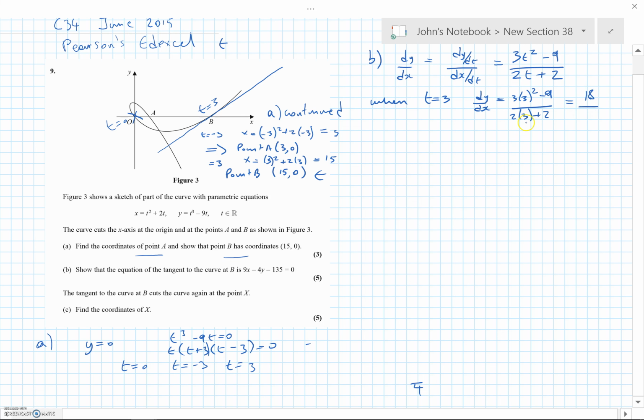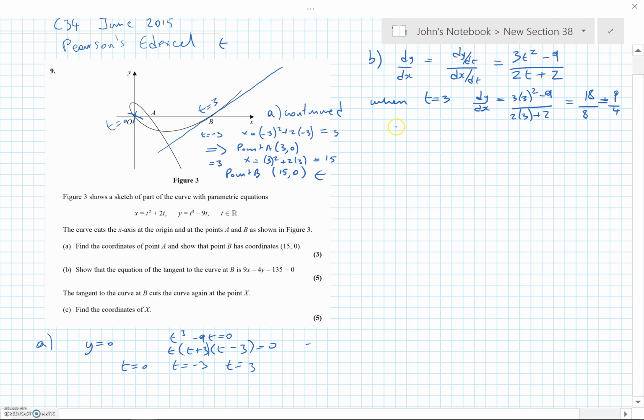And on the bottom 2 times 3 is 6, plus 2 is 8, which gives 18 over 8, which is 9 over 4. This looks promising because I can see what I'm trying to find. It has a gradient of 9 over 4. Looking ahead, it's always worth taking a peek to think if your answer is reasonable, and it is. Better to iron out mistakes as we go rather than find 4 lines down that we made a mistake.